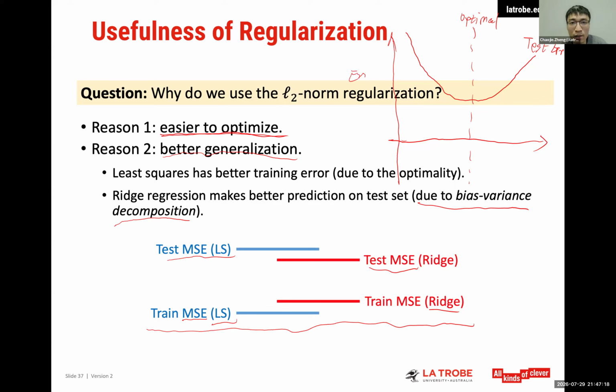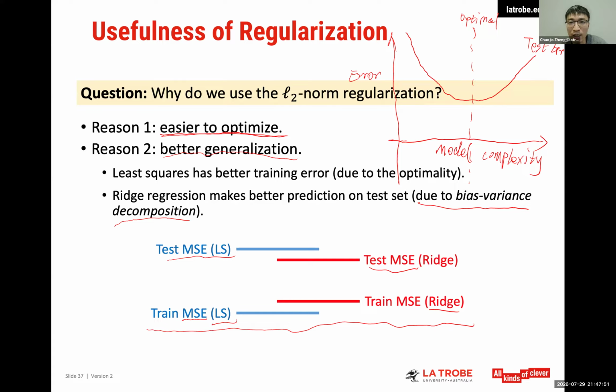This is the error, and this is the X axis, the model complexity. So we need to choose appropriate model complexity through cross-validation. If we keep increasing the model complexity, after a certain turning point, the testing error will start increasing instead of decreasing.